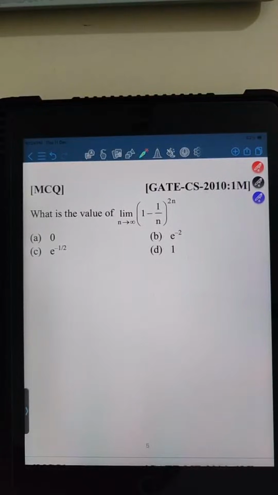So you can attempt this problem and once you get the answer, let me know in the comment box, or if you have any doubt, you can let me know in the comment box. Okay. Nutan Kumari is telling B. B for Bombay. Anyone?